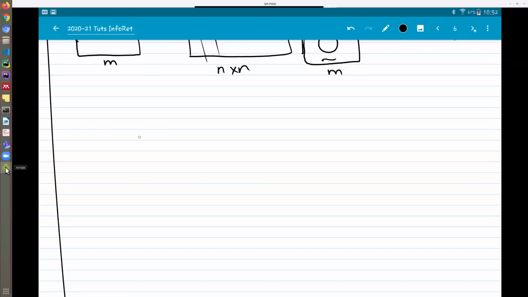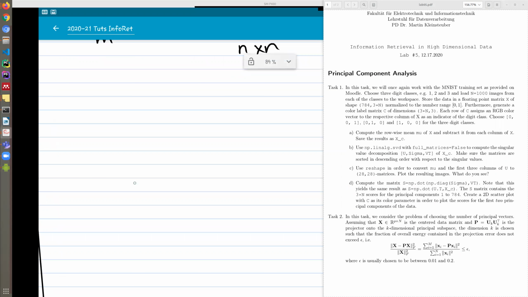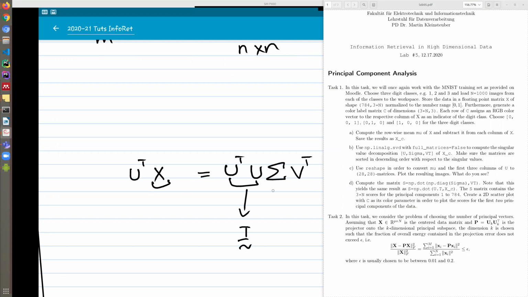Just a moment. Here we have u transpose into x, right? If we use SVD of this x, we have u transpose u sigma v transpose, and these are orthonormal, so we have identity here, and we are left with sigma into v transpose. That's why this is equivalent to this thing.